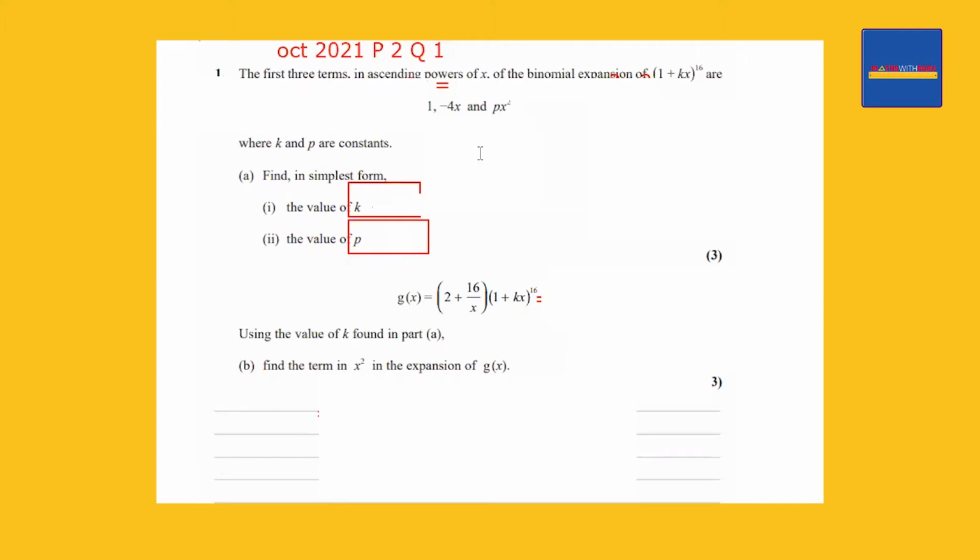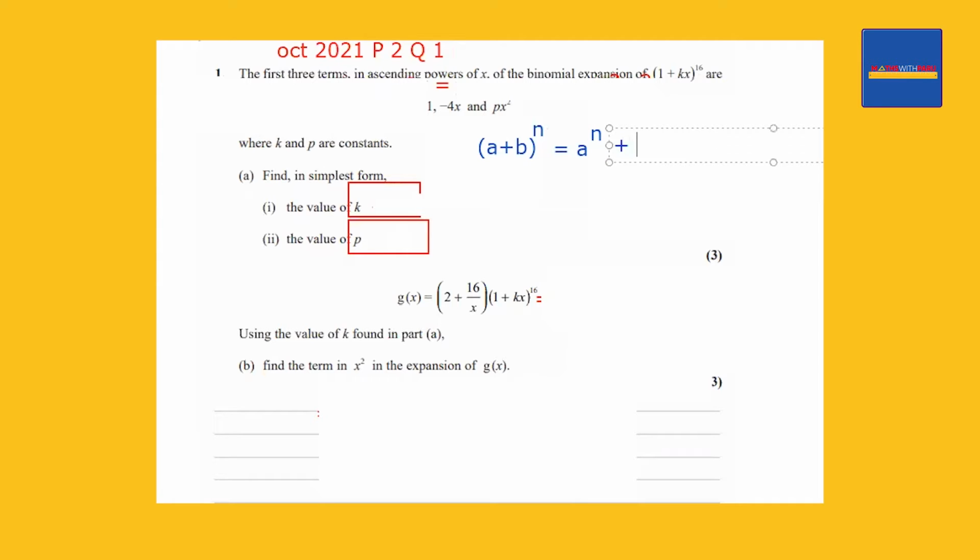If we expand a plus b to the power n, and here they're talking about 3 terms, the first term is a to the power n.